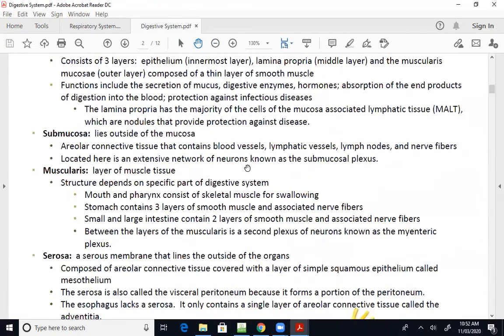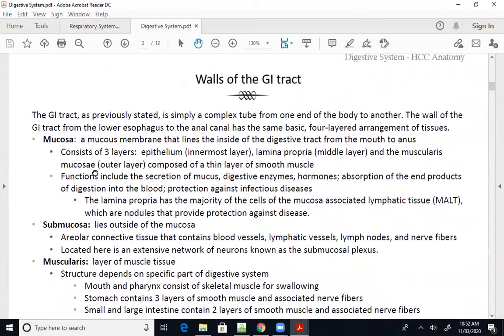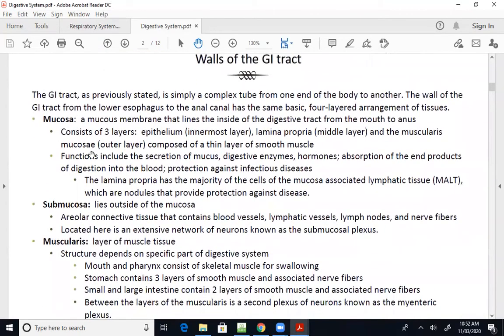Okay, once again, our GI tract is a complex tube that runs from one end of the body to another, from our mouth to the anus.